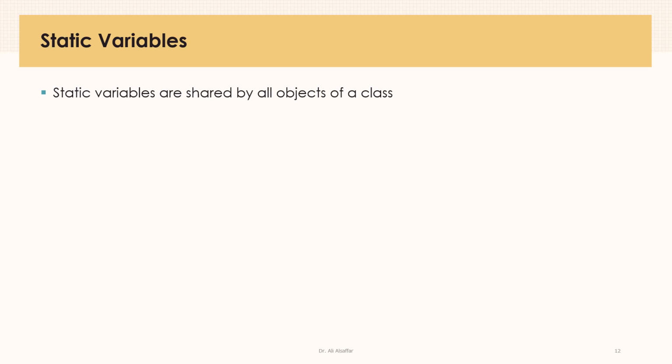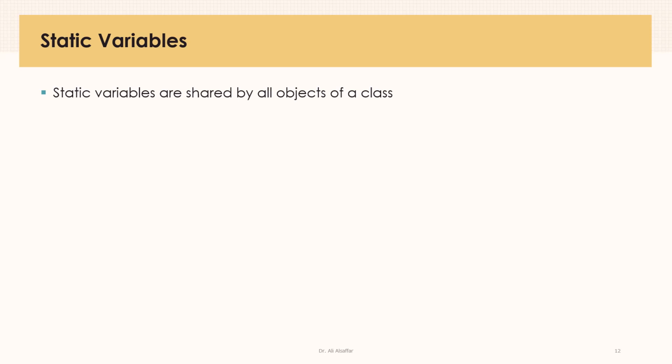Now, when you define a variable static, then this variable is always there, regardless of whether you have created an object or not. So if you did not create an object and we have a static variable inside it, how do we access this static variable without creating an object? Simply, you use the name of the class.